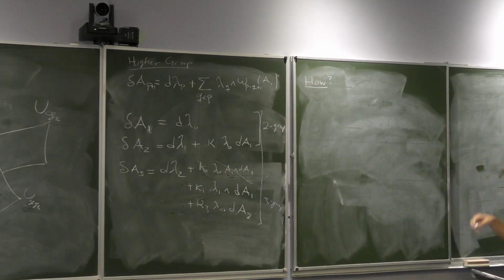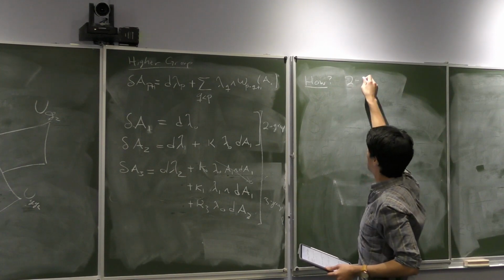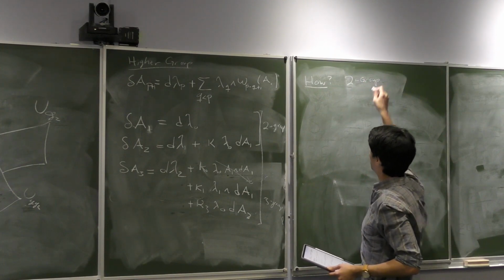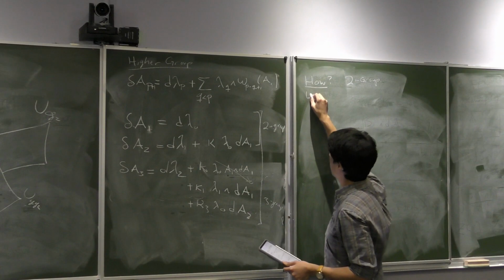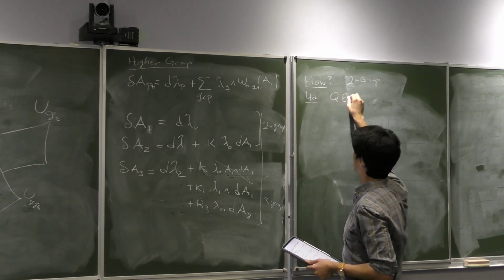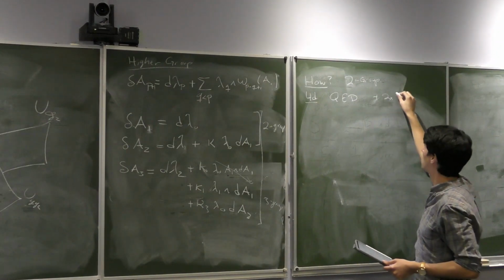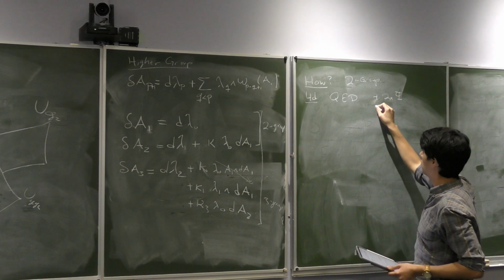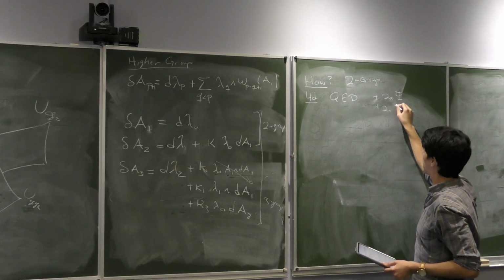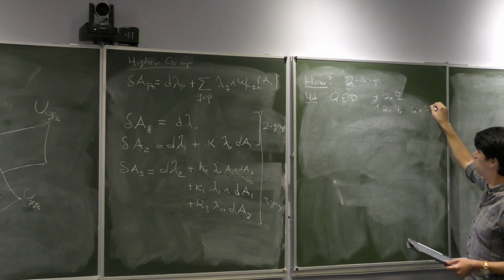So now I'm going to give you an example of where you get a higher group in a normal quantum field theory. The simplest example is that of a 2-group. Let's just take 4D QED with 2 Dirac fermions, which is the same thing as 2 Weyl fermions with positive charge and 2 with negative charge.